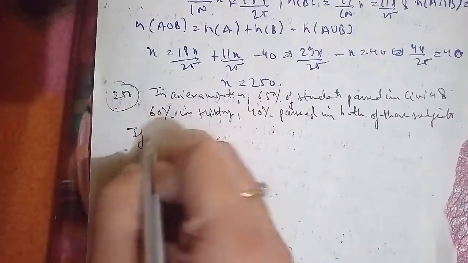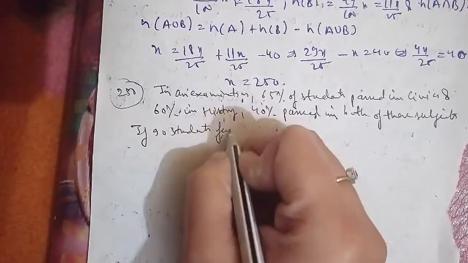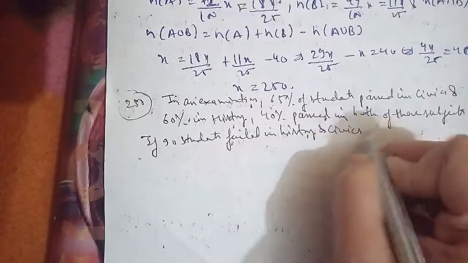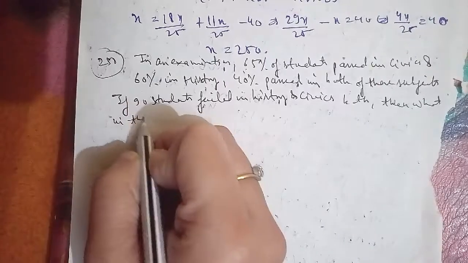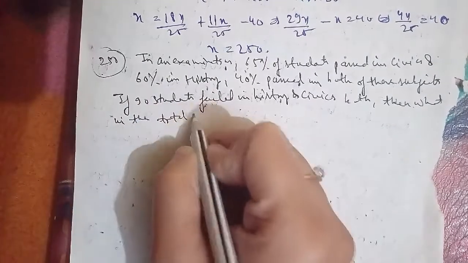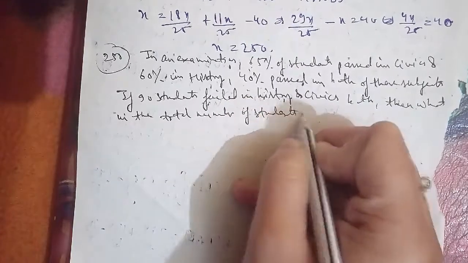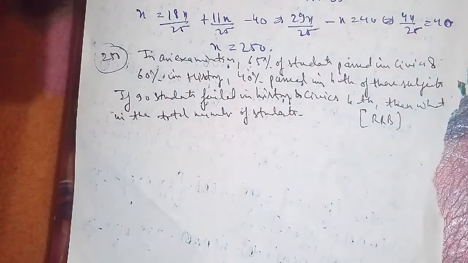If 90 students failed in history and civics both, then what is the total number of students? This has been asked in the RRB examination paper. That has been important. So we go ahead for the same.